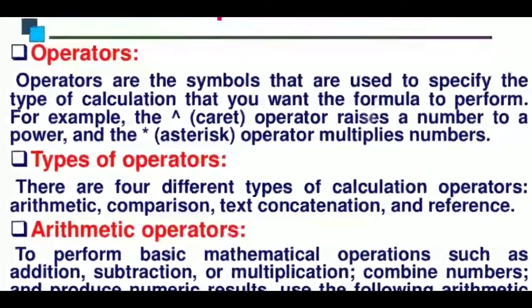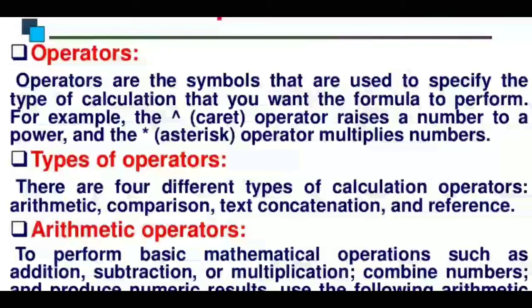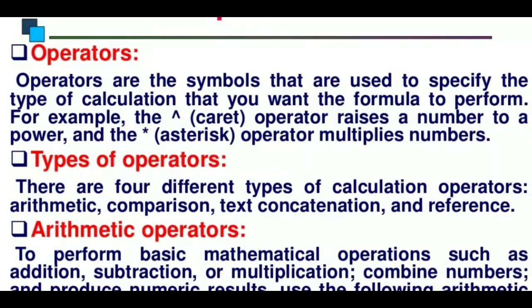What is the work of an operator? Operators are the symbols that are used to specify the type of calculation that you want to perform in a formula. There can be different kinds of calculations.